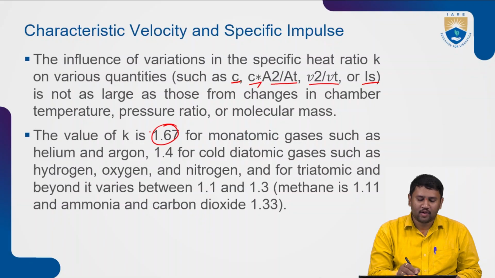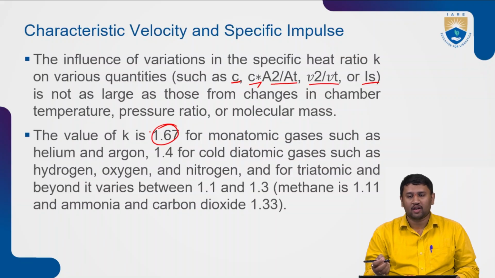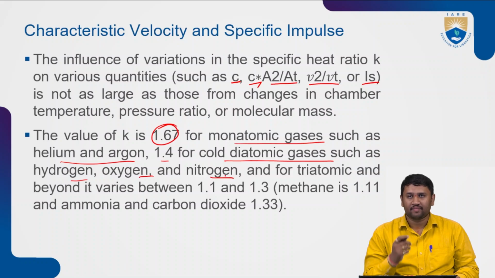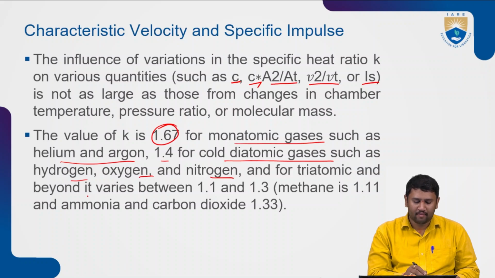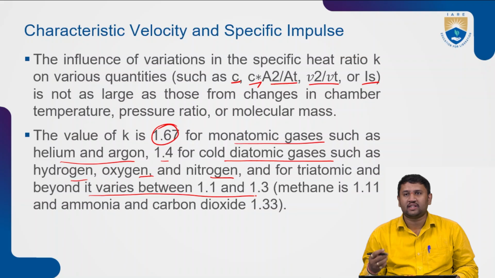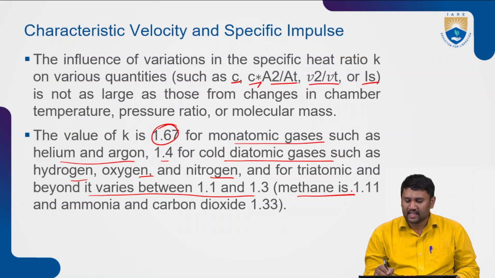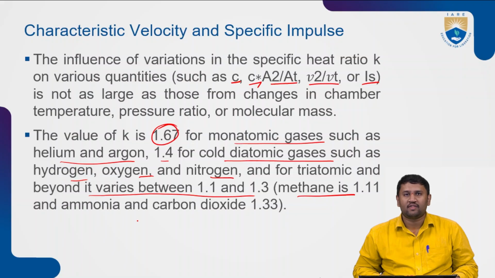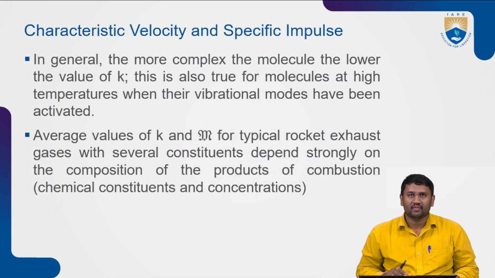The value of K is 1.67 for monoatomic gases such as helium or argon, and 1.4 for cold diatomic gases such as hydrogen, oxygen as well as nitrogen, and for triatomic or beyond it varies from 1.1 to 1.3. For example, methane has 1.1, and ammonia as well as carbon dioxide are 1.33.